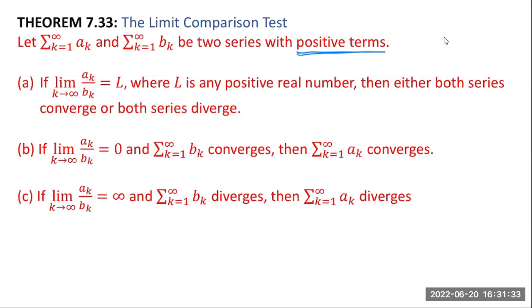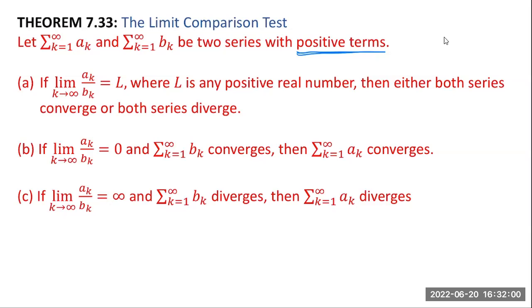And the last part: if the limit as k goes to infinity of AK over BK is equal to infinity, and the sum of BK diverges, then the sum of AK also diverges. So those are the three parts of this theorem. We will not be going over the proof of this theorem.